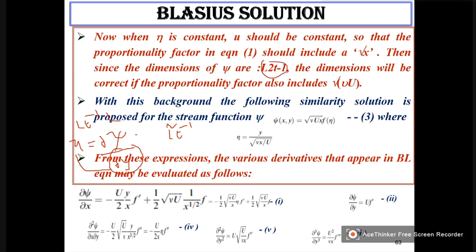So we have to choose for psi such a function which has L square T minus 1.